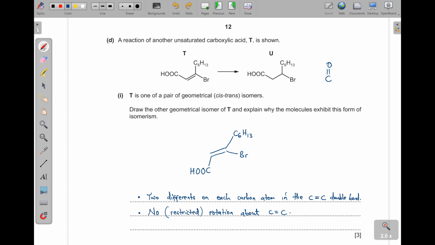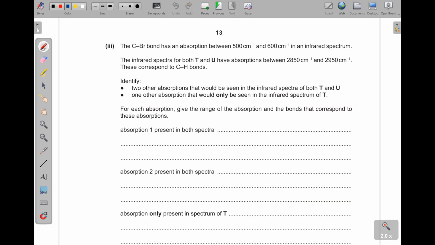So meaning, I'm going to write here, and I say for both of them, in both, absorption 1 present in both. So I will just say at 1040 to 1300, okay, per centimeter, because of carbon to oxygen.